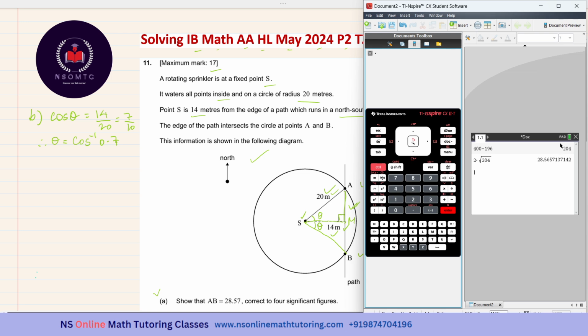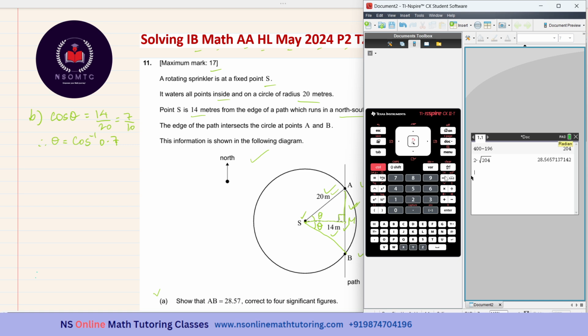Let us find the value. First of all, you have to check whether your angle is in radians or in degrees. Mine is in radians, so in case your angle is set to degrees, change it to radians. If you just click over here, it gets changed to degrees; click again, it gets changed to radians.